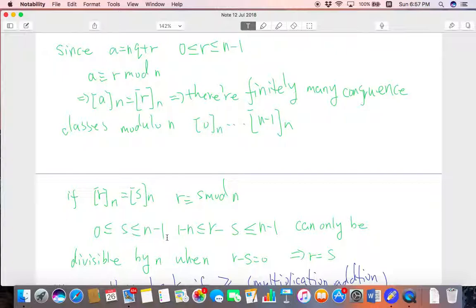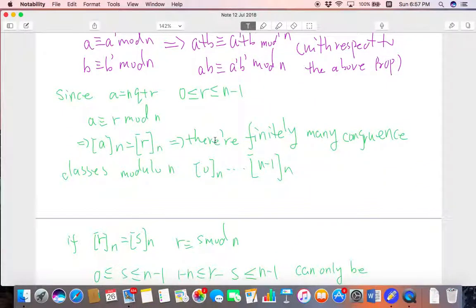You want it to be divisible by n, and that's impossible unless it is equal to 0, because the others are all less than n in absolute value. It cannot be n times some nonzero integer. Only when r minus s is equal to 0 is the condition valid, but that means r is equal to s. So all these n congruent classes are distinct.